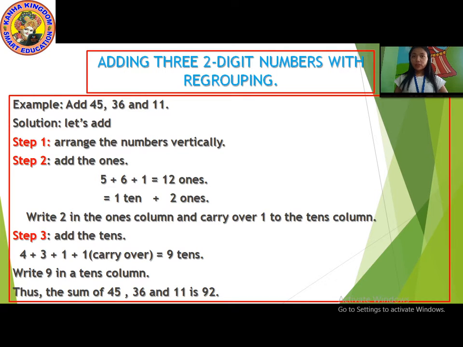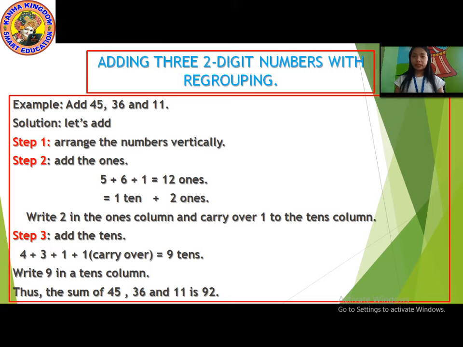So 12 ones means 1 ten plus 2 ones. So we should write 2 in the ones column and carry over 1 ten to the tens column, right student? So we carry over 1 ten to the tens column and we already wrote 2 in the ones column.